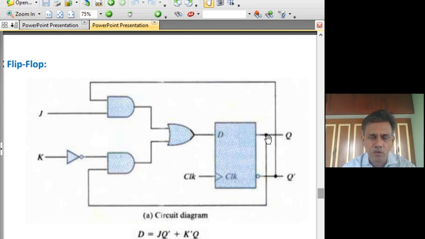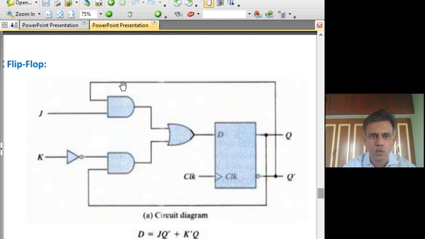So this part of the circuit basically realizes this equation. You feed Q as well as Q dash back to the input side. You have the J as well as the K external inputs. So here we perform J and Q dash. Here K dash is found out and it is ANDed with Q, and both are being ORed, and that is given as the D input for this D latch.